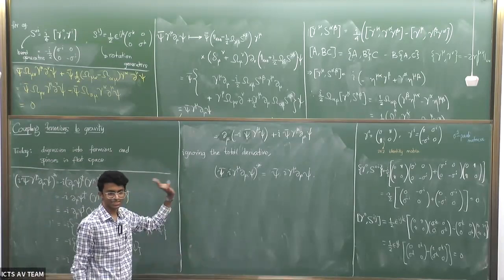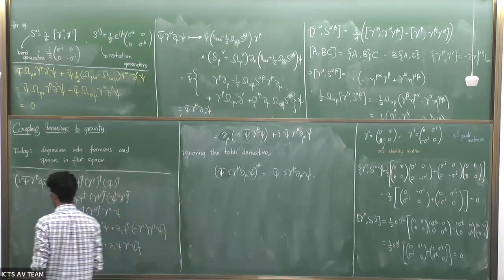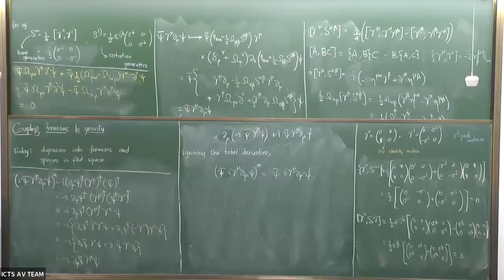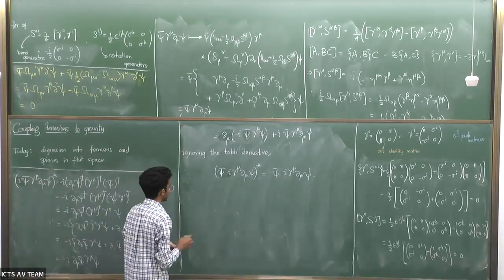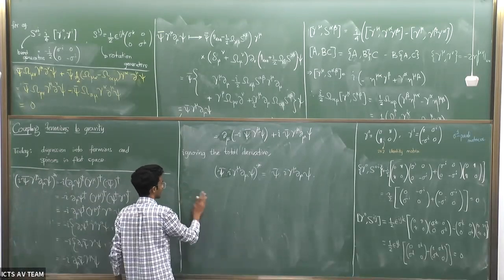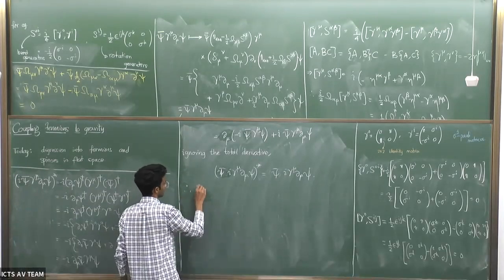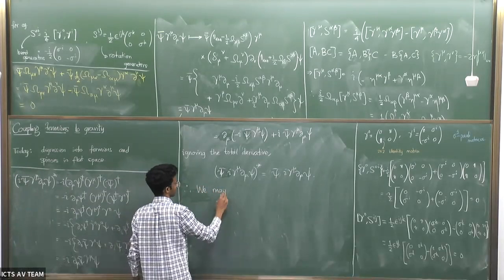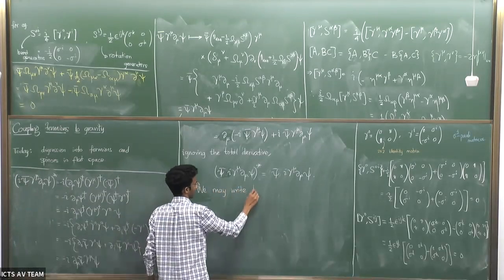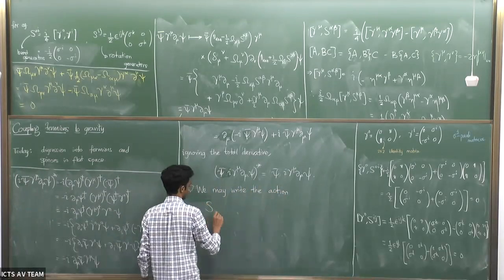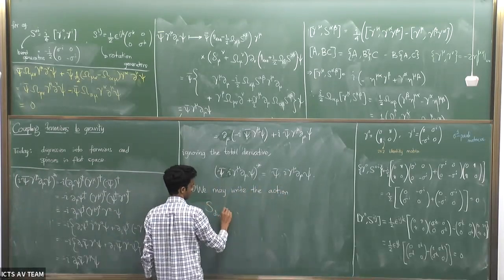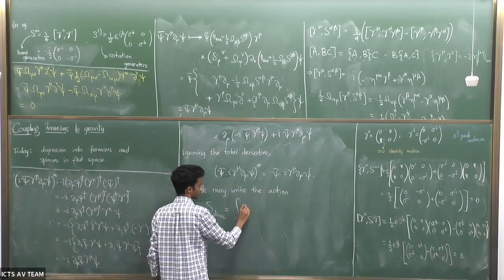Okay, so we have found admissible terms in the Lagrangian. Let me just write down the answer, the action. Therefore, we may write an action, the Dirac action, equal to integral d4x.